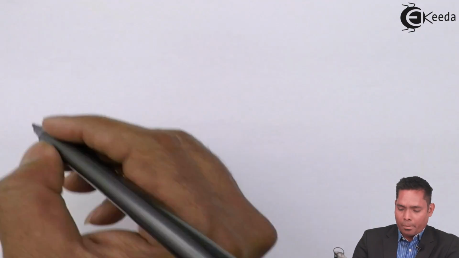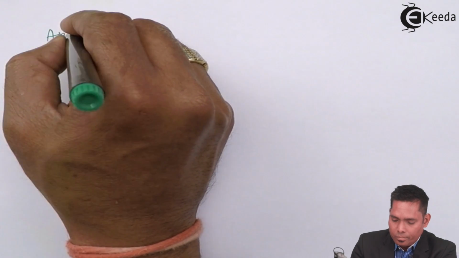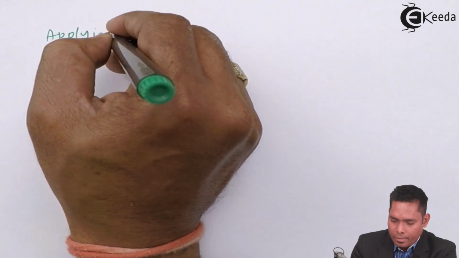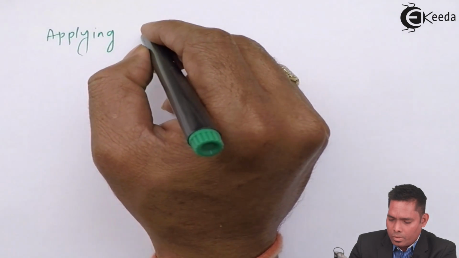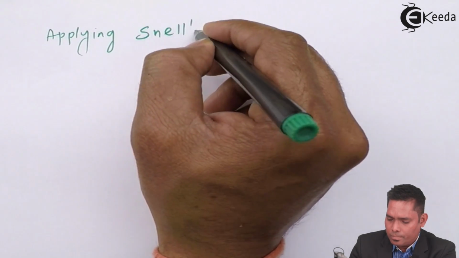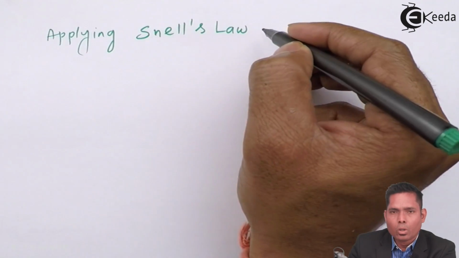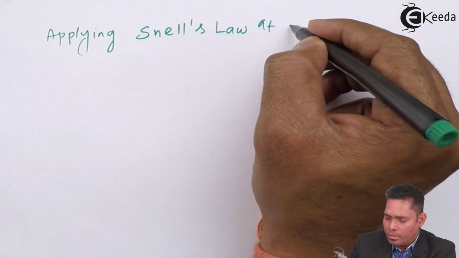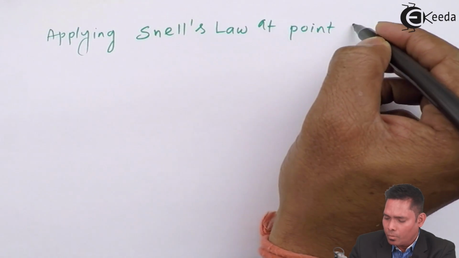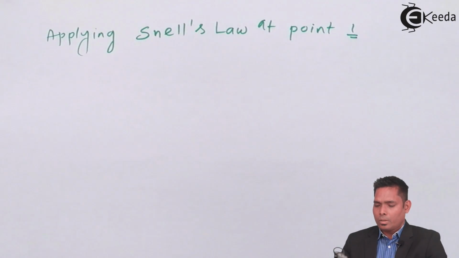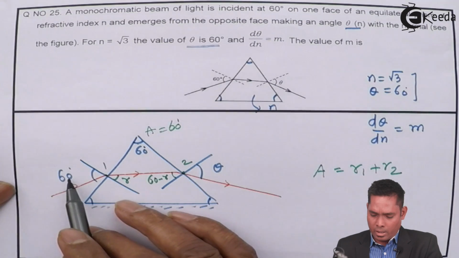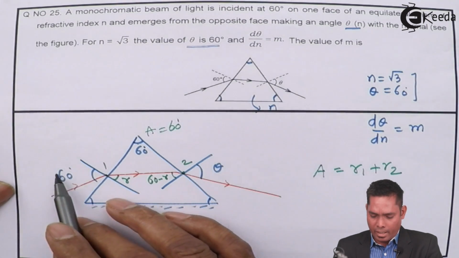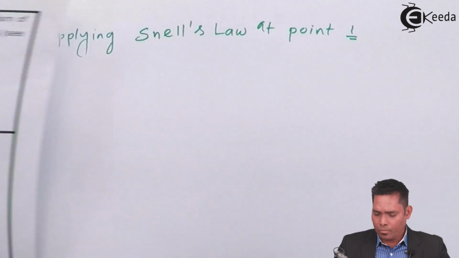Now applying Snell's law at point 1, the refractive index is sine 60 divided by sine r.